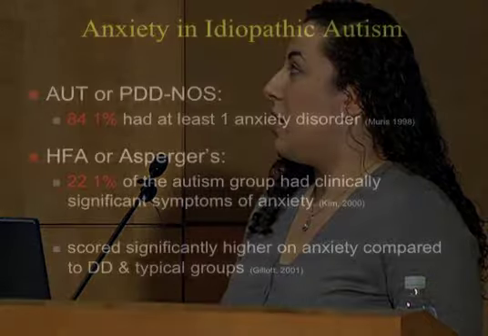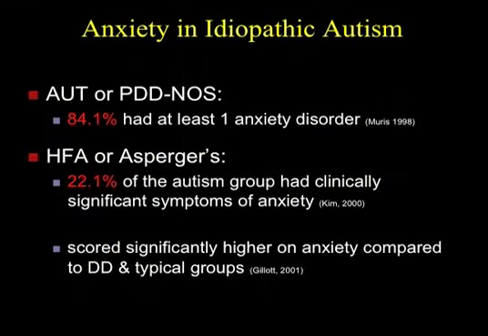So the literature on anxiety in idiopathic autism, that is autism without Fragile X syndrome, is somewhat limited. Most of the research hasn't used good clinical interviews to assess the anxiety disorders. In one of the few studies that did use clinical criteria, 84% of the children with autism were found to have at least one anxiety disorder.